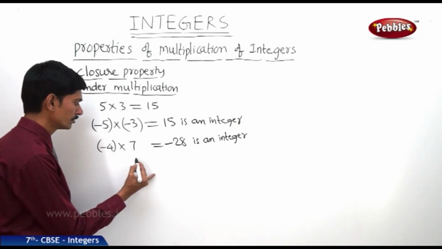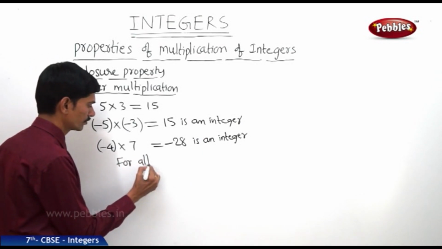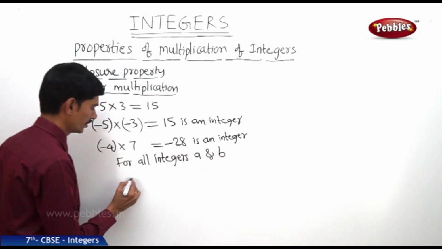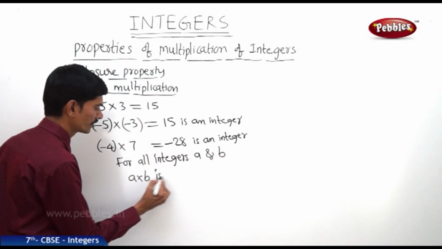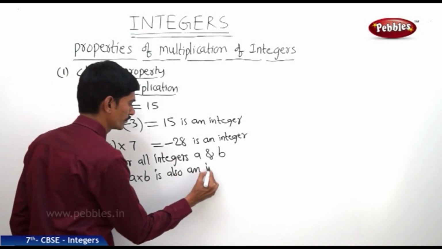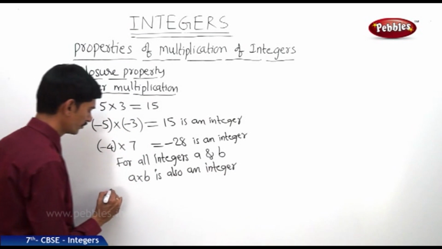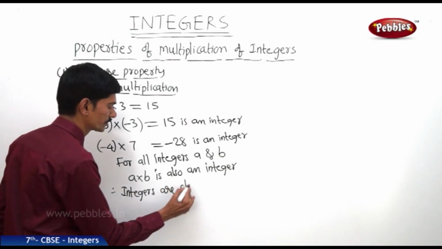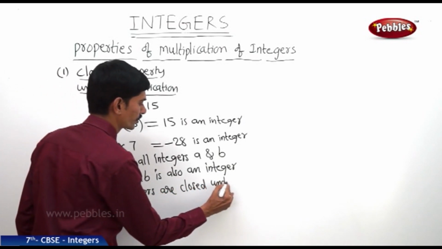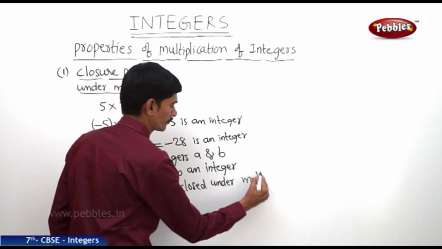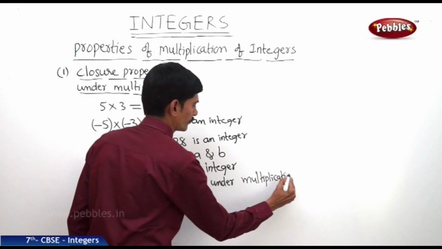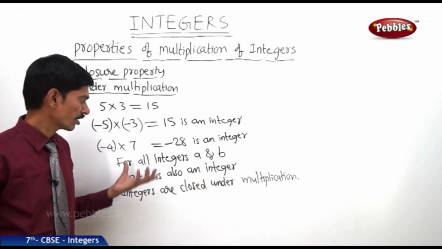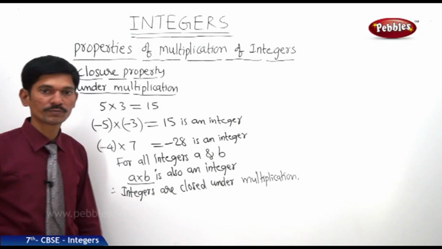So in general, for all integers a and b, their product a into b is also an integer.